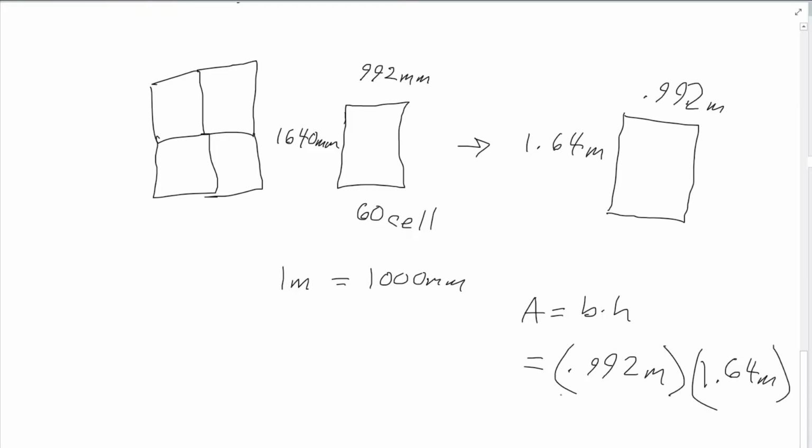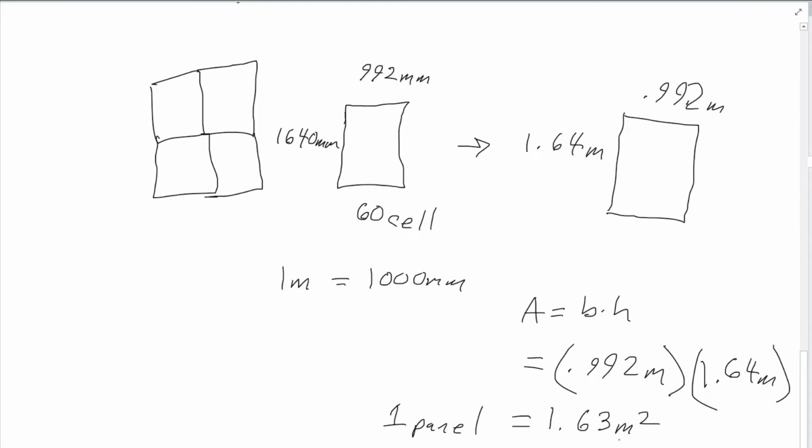Remember, we want to have the same unit for both to get squares. So I put this in my calculator, and we find that the total area of this particular panel, 0.992 multiplied by 1.64, is going to give us an area of 1.63. I'll use 3 digits since we use 3 digits up here. Meter times meter gives me meters squared. This is the area for one panel.